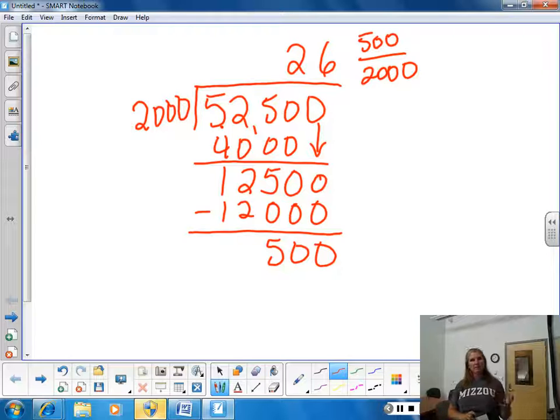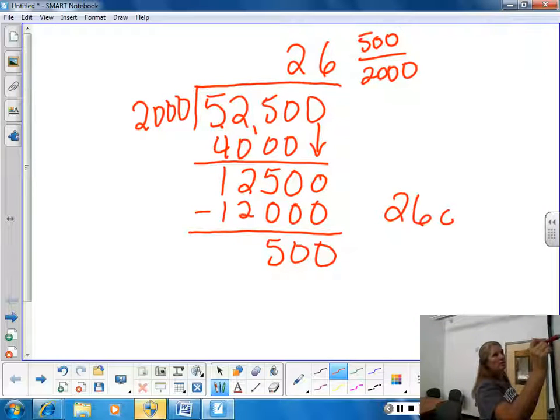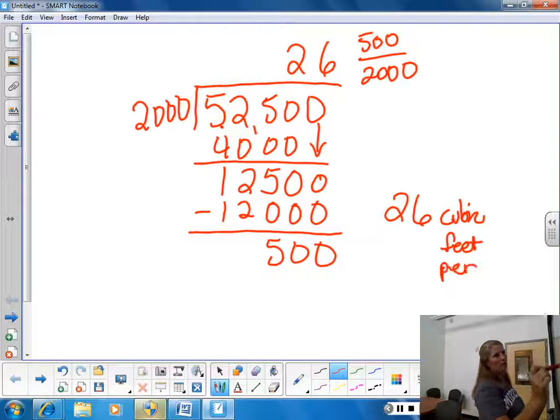How I decided, I look at my fraction. Is 500 about half of 2,000, or is it less than half, or is it more than half? And what you should be saying is it's definitely less than half. Half of 2,000 would be 1,000, right? So it's definitely less than half. So that would just be 26 cubic feet per year. Again, that word per, that's also a division signal.